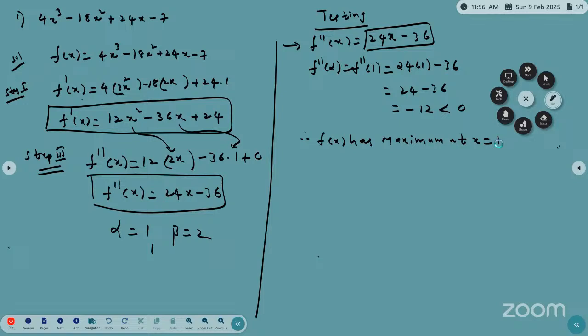And what is the maximum value? It is a stationary point. What is the given function? 4x cube minus 18x square plus 24x minus 7.